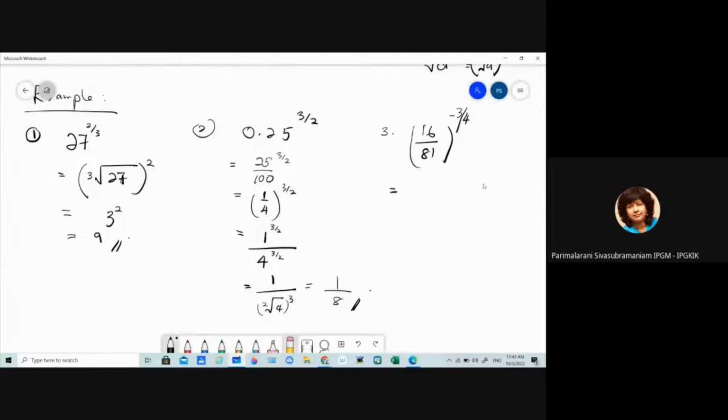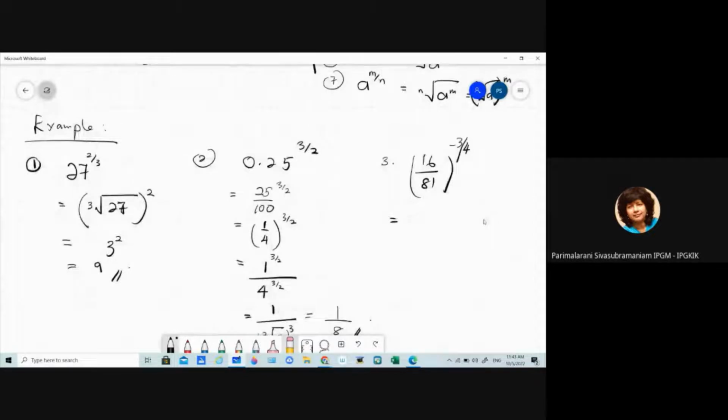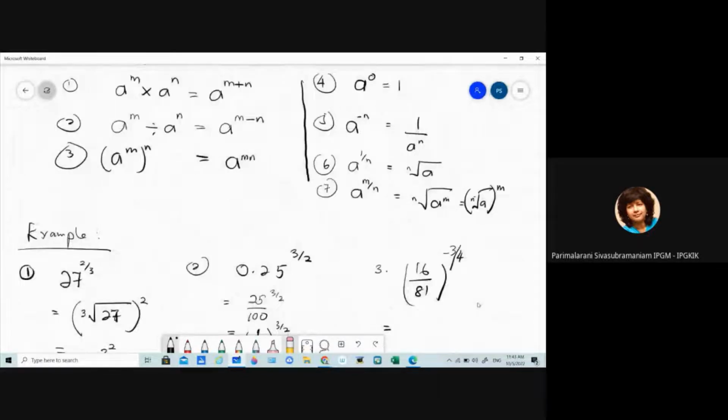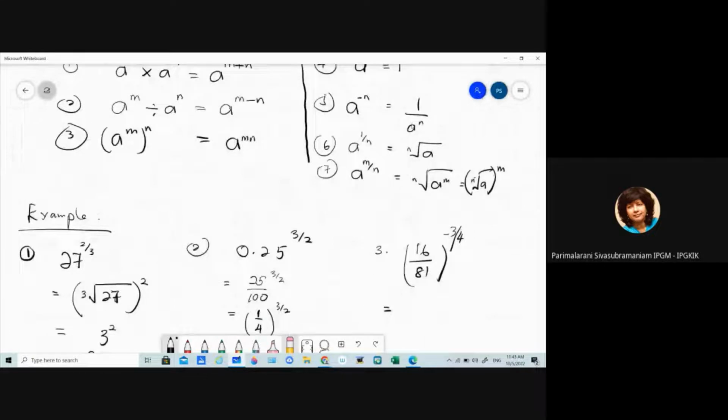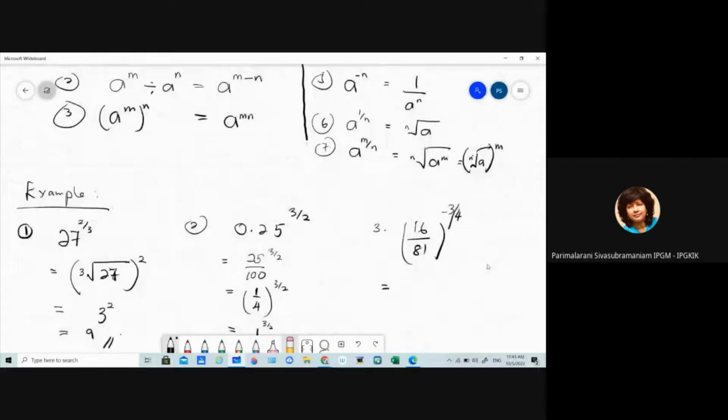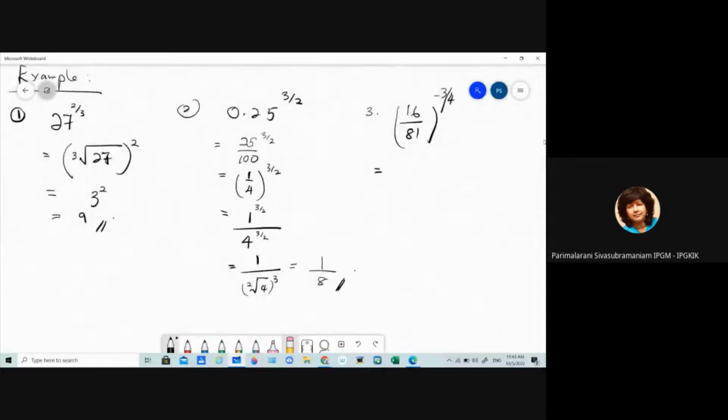When you have a negative power, a to the power of negative n is equal to 1 over a to the power of n. Okay, so if we want to remove this negative, we can write it as 1 over 16 over 81 to the power of 3 over 4. I'm showing you every single step. You, of course, can skip some steps later.